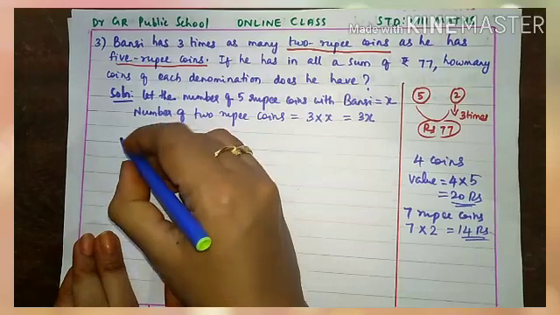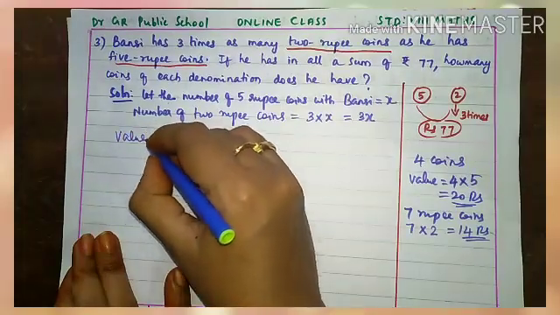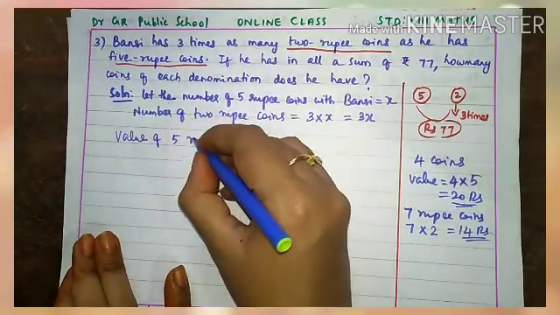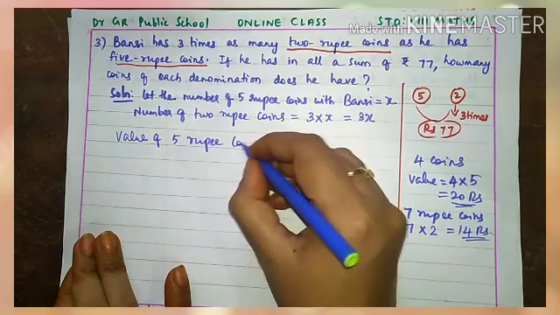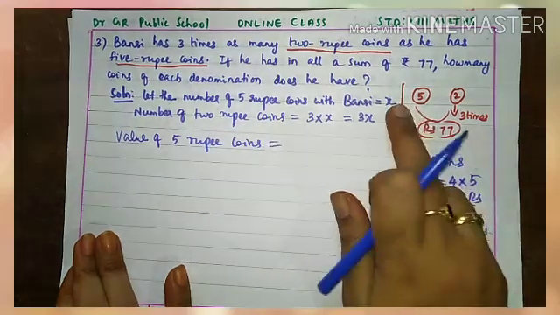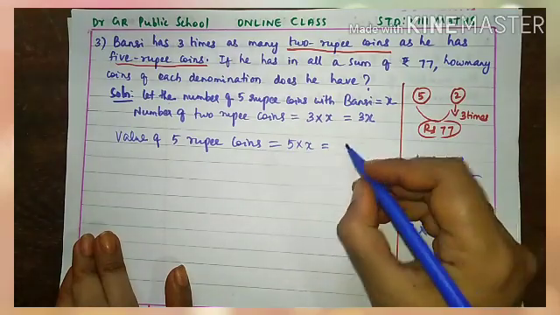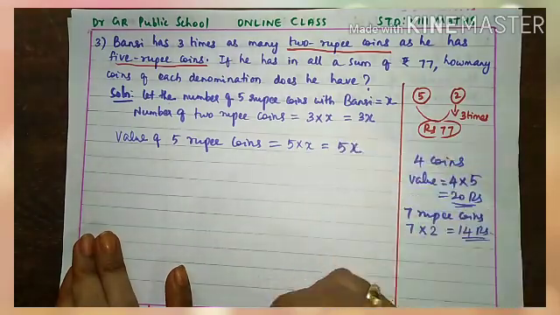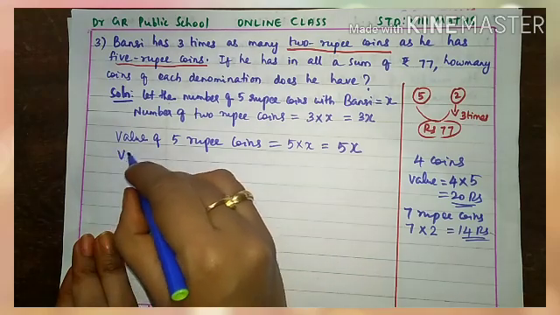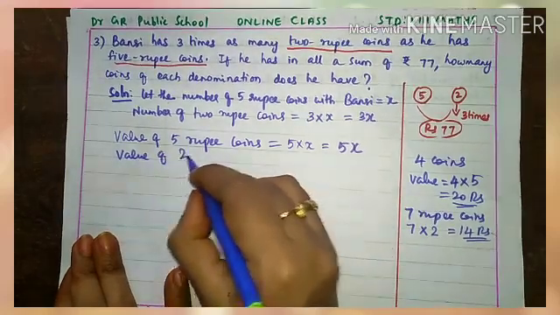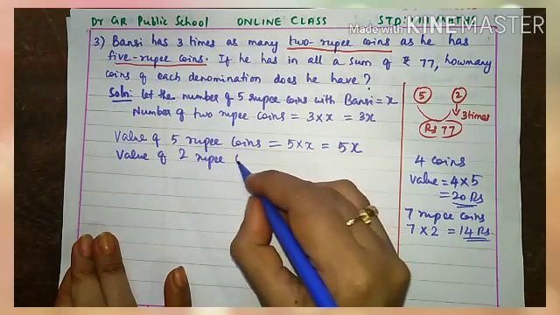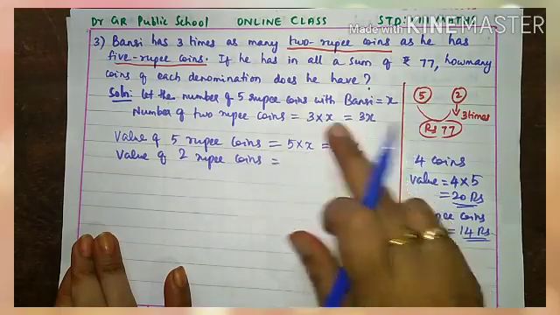Yes, so what I said, the value of 5 rupee coins. Here we have number of 5 rupee coins is x. So value 5 into x, that becomes 5x. Similarly, value of 2 rupee coins. How many 2 rupee coins are there?